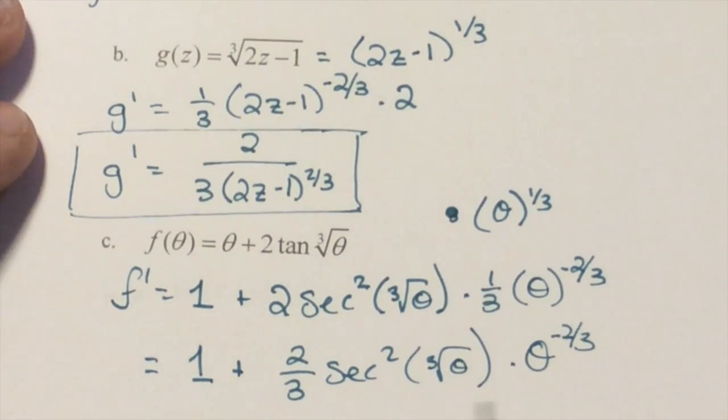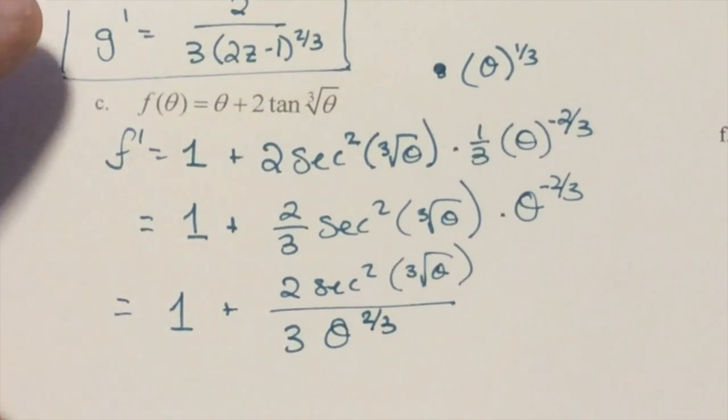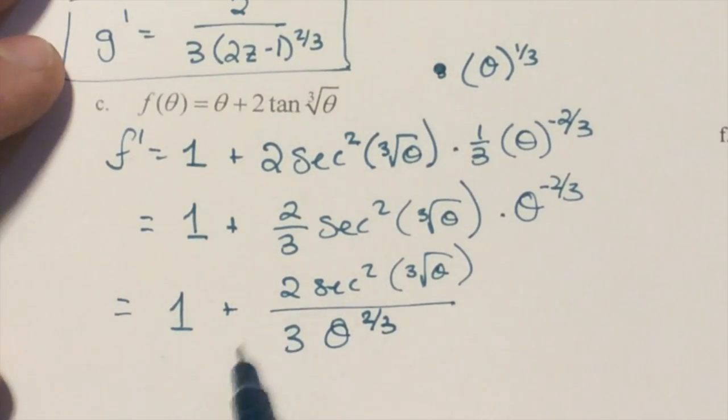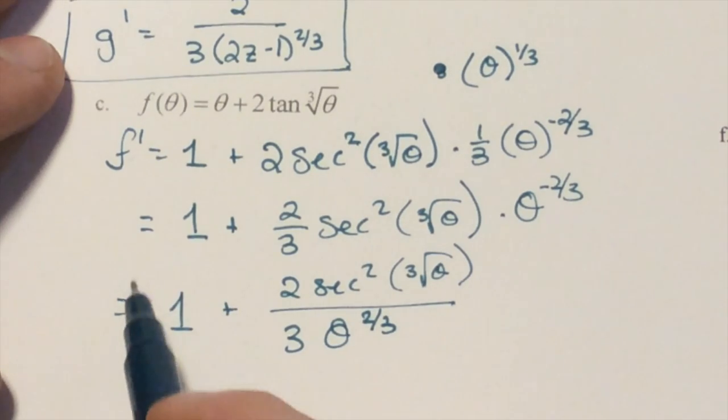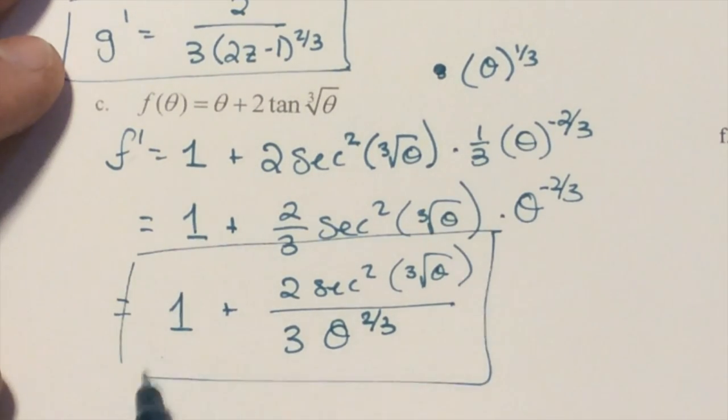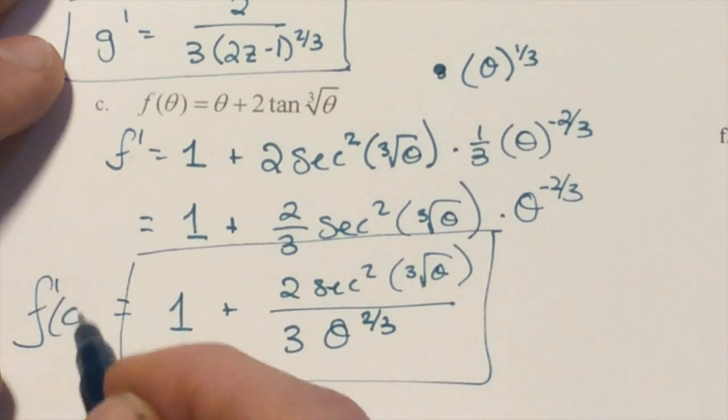If I don't want that negative exponent, I'm going to write that as 1 plus 2 secant squared cube root of theta all over, bring this down, 3 theta to the 2/3 power. Let's keep that on screen. So I have 1 plus this giant quantity. There's my answer. That's what f prime of theta is.